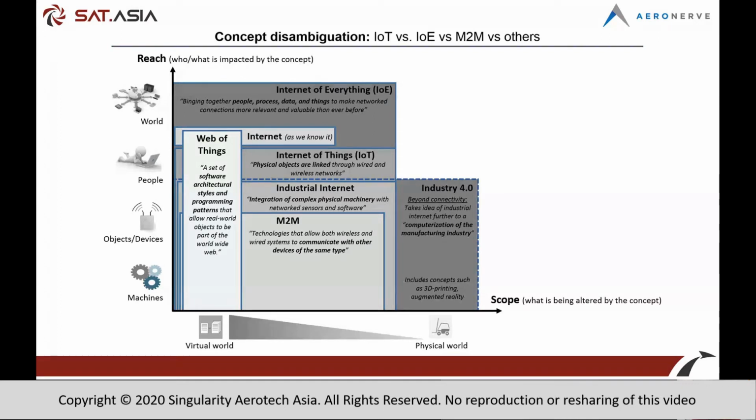Okay, and maybe you have heard of Industry 4.0. Industry 4.0 is a revolution that was pushed by the German government, and the term is normally only used by industrial people.